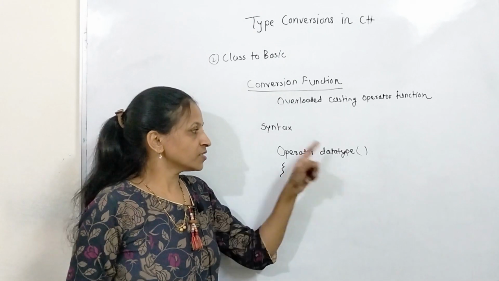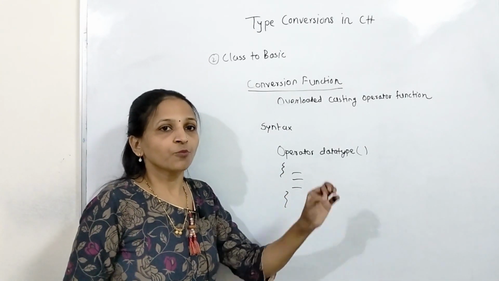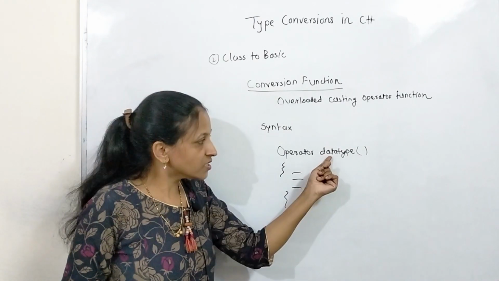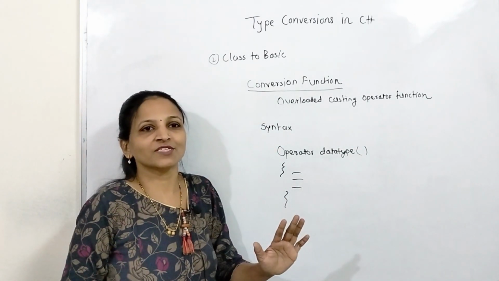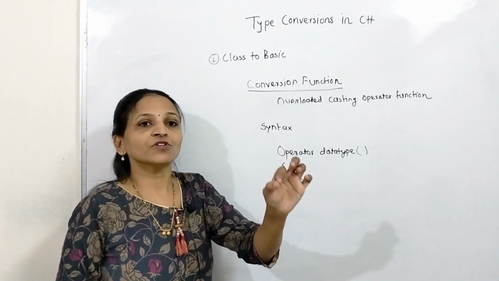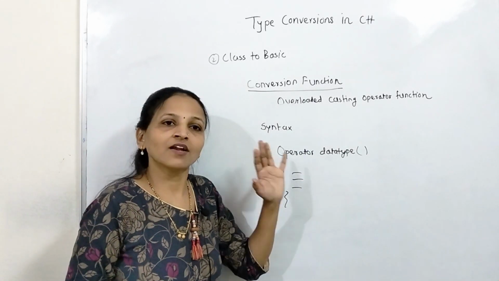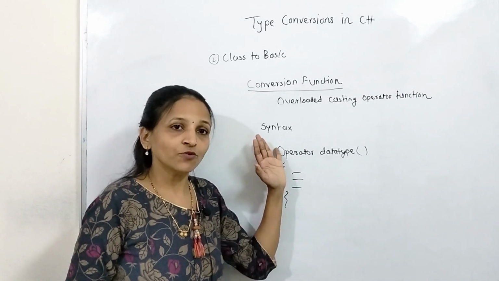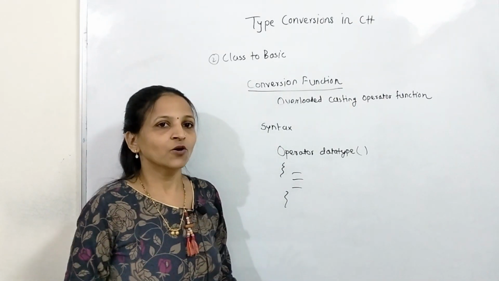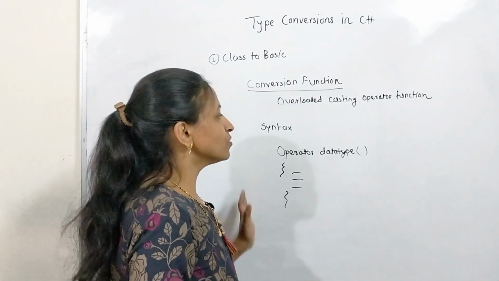This does not take any argument and there is no return type here. The data type is nothing but the return type of this function, meaning a value of that data type has to be returned from this function. That's it, and you have to write this conversion function inside your class.